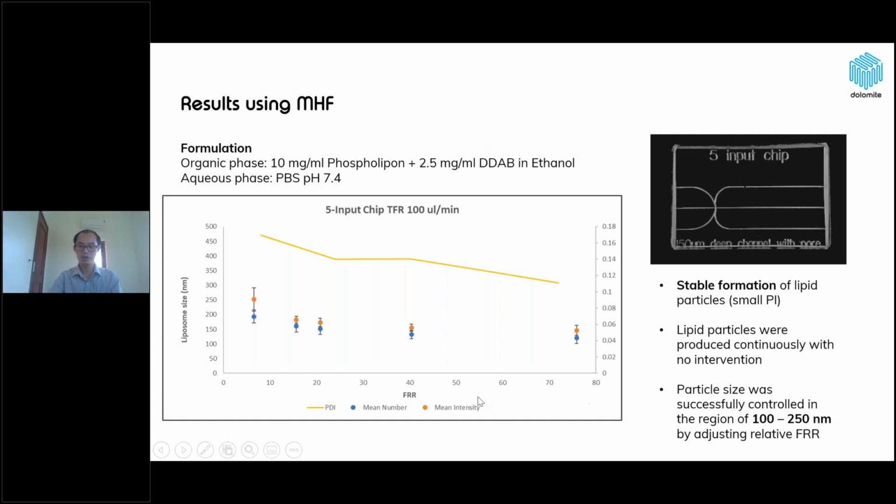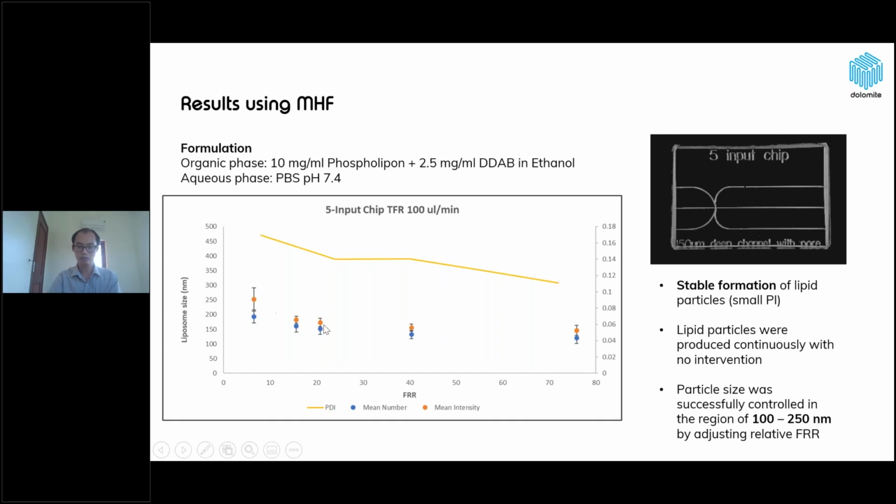As the results in this graph show, the total flow rate is controlled at 100 microliter per minute, and we can achieve a particle size range from 100 to 250 nanometers by changing the flow rate ratio from 5:1 to 80:1.